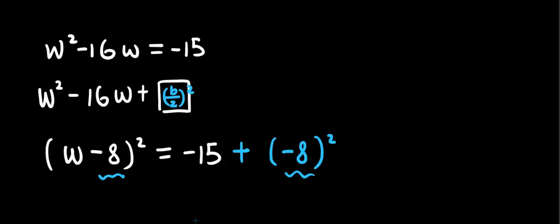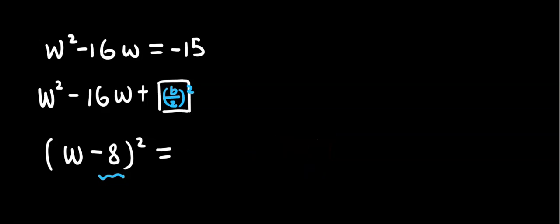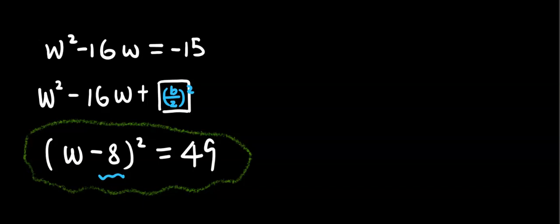All right, let us continue. We'll look at the right-hand side. Negative 15 plus negative 8 squared, that gives us 49. So we go ahead and write down 49. Now what do we see? Something very familiar from the previous lesson. We know how to solve this equation by taking square roots of both sides.